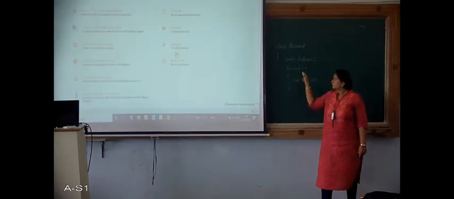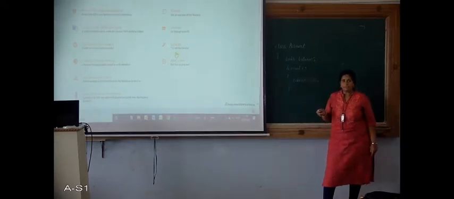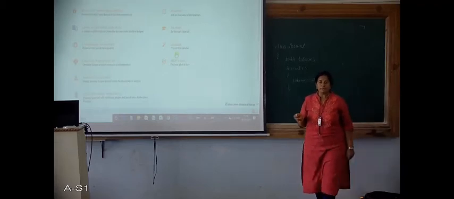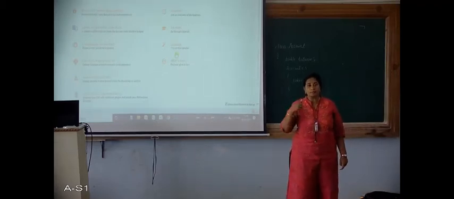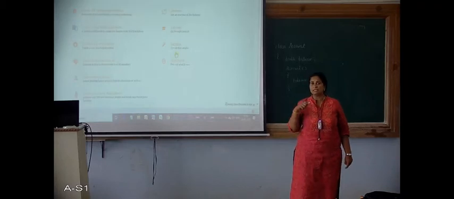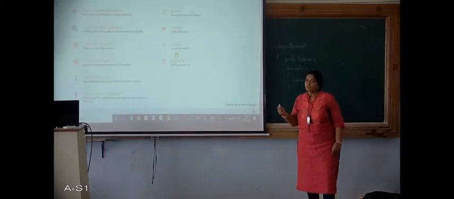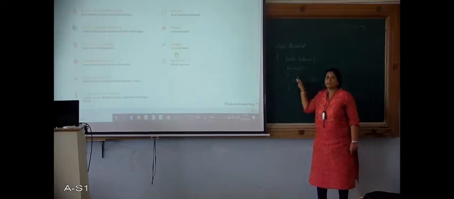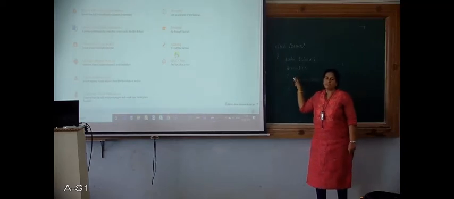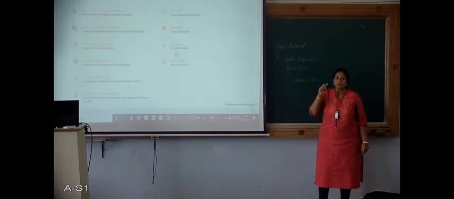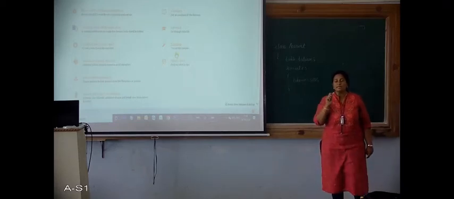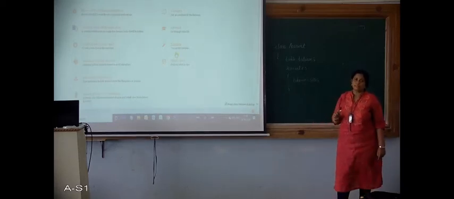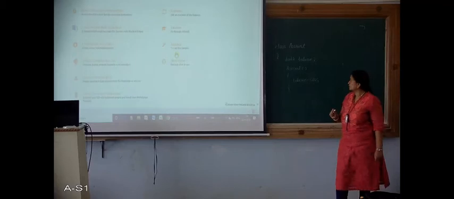Constructors will be called automatically, whereas methods have to be called explicitly using the object and the dot operator. Though this is a method, it is a special type of method, we call it a constructor. We need not call this explicitly. This will be called automatically whenever an instance of a class is created. I hope you remember this.